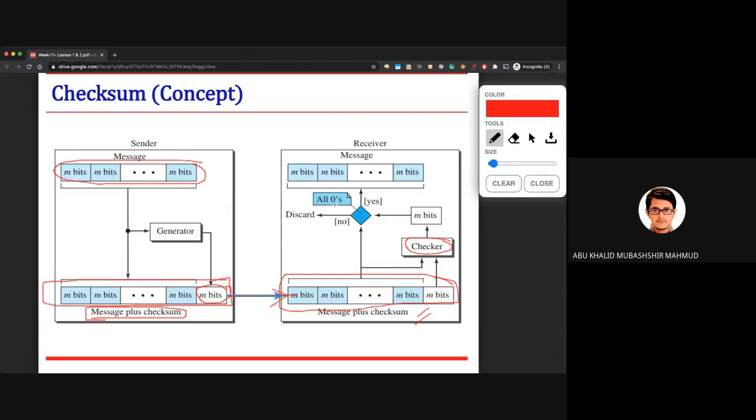If we get all zeros after checking, we extract the message and pass it on to the receiver. Otherwise, we discard the total message and send a request that we need to resend the message again, so that we can get the correct uncorrupted message that we require. So that is all. This is the basic concept of the checksum.